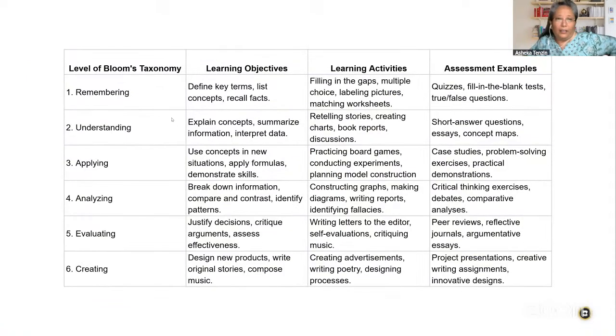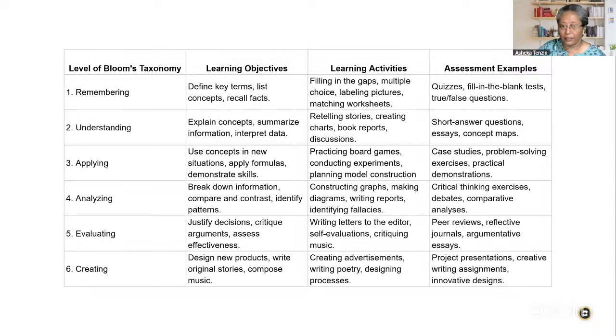So this gives you an idea of what I said. You can use Bloom's taxonomy to write your learning objectives: define key terms, list concepts, recall facts, explain concepts, summarize information, interpret data for understanding, use concepts in new situations, apply formulas, demonstrate skills.